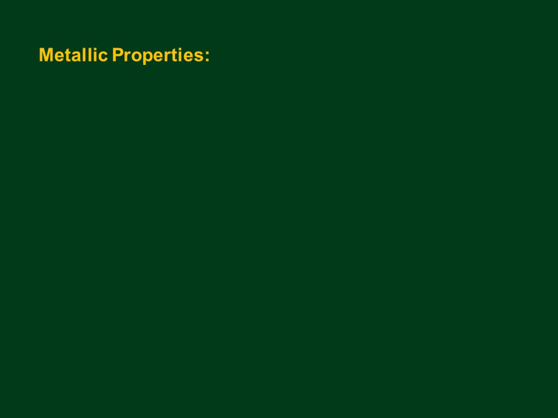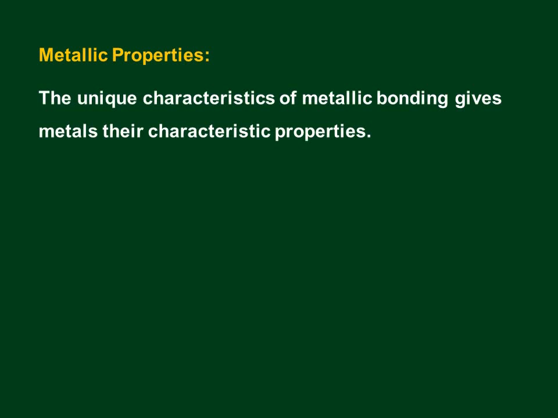The properties of metals. What are the properties of metals? Metallic bonding gives metals their characteristic properties. Number one, metals have high electrical conductivity. They are good conductors of electricity.